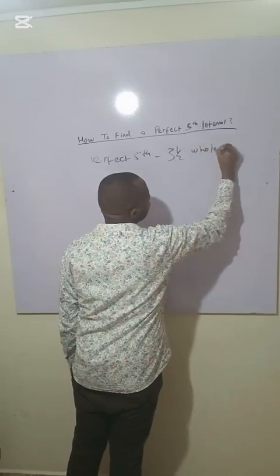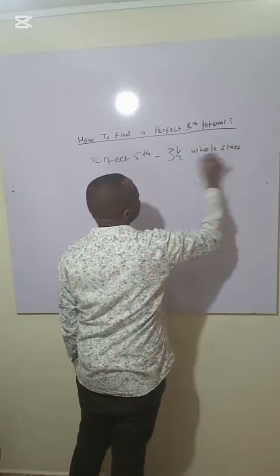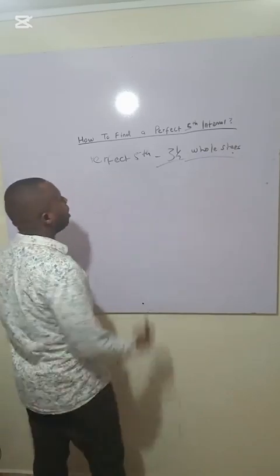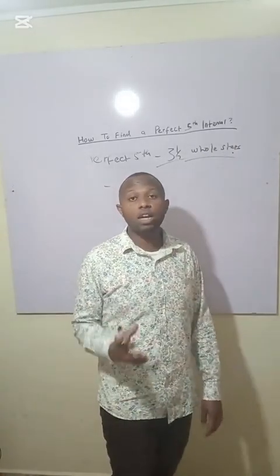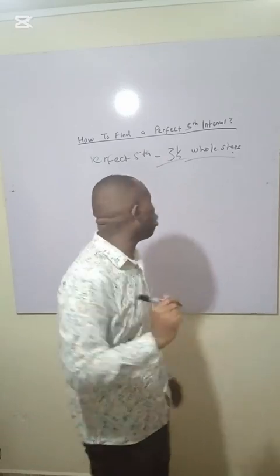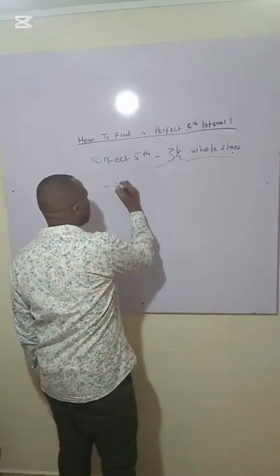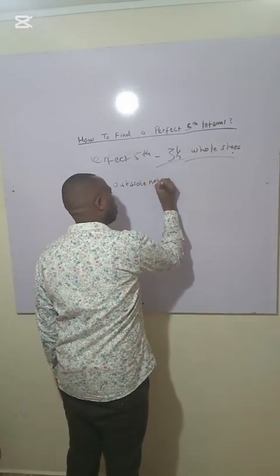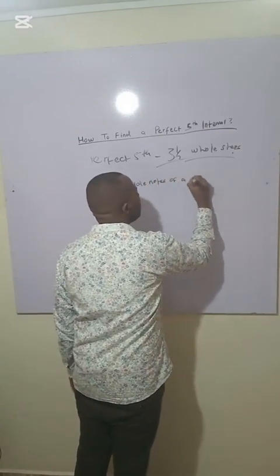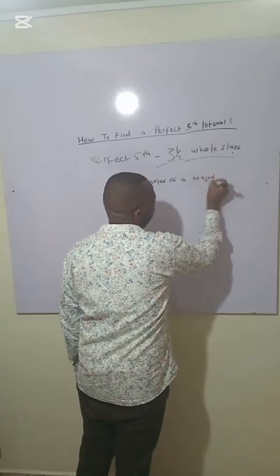So that's what a perfect fifth interval is, 3.5 whole steps. And also, a perfect fifth interval is the outside notes of a major or a minor chord.